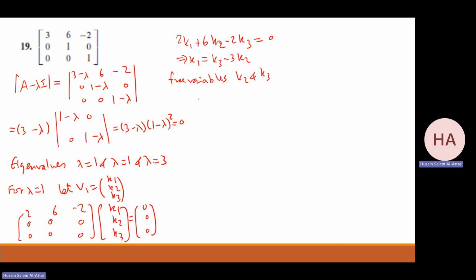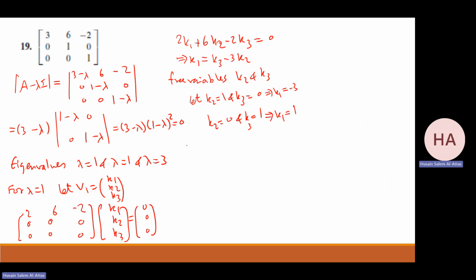So I can do this trick. I let k2 equal 1 and k3 equal 0, and the same thing, k2 equal 0 and k3 equal 1. If I do this, what will be k1? In this case, k1 will be minus 3, and in this case, k1 will be 1.